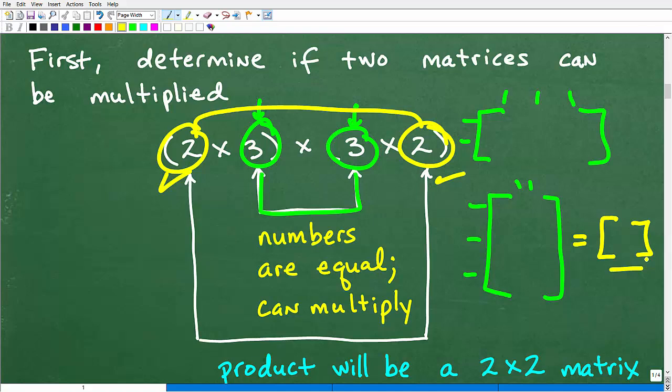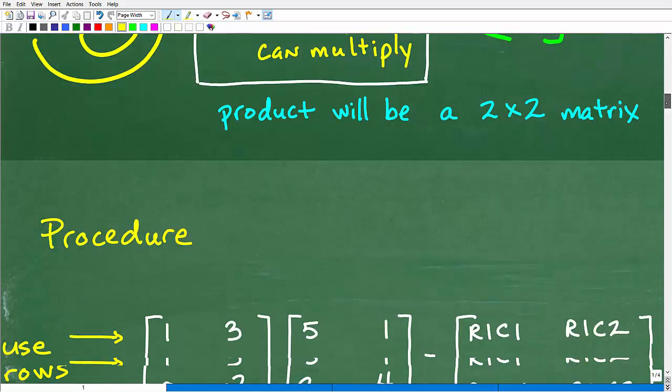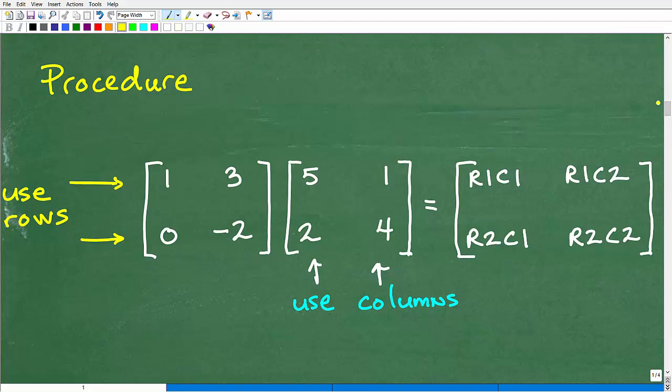You just can't assume, oh, these two matrices can or cannot be multiplied. You've got to check the rows and columns, and then see what the size of the answer is going to be. Now, in our case, we have a 2 by 2 being multiplied by a 2 by 2. So obviously, these are equal, and our answer is going to be another 2 by 2. Okay, so now let's get into the procedure on how to multiply, because this is where people get confused.